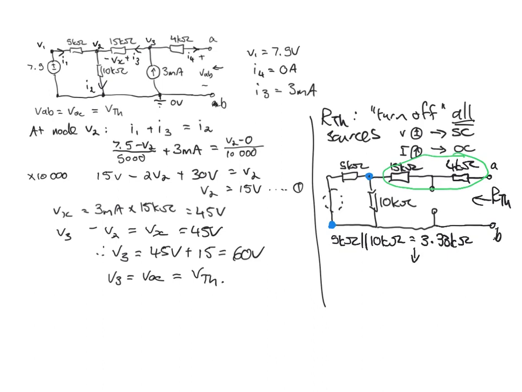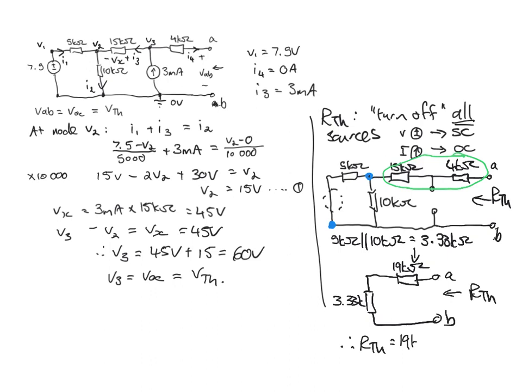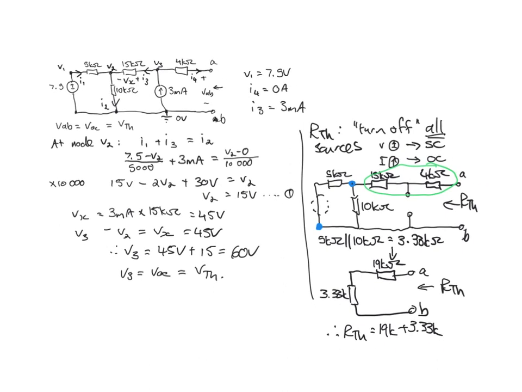And so we can reduce this circuit to a 19 kilo ohm resistor and a 3.33 kilo ohm resistor, and here we still have nodes A and B, and this is our R Thevenin, and so we can see therefore that our R Thevenin is equal to 19 kilo ohms plus 3.33 kilo ohms, so it's equal to 22.33 kilo ohms.